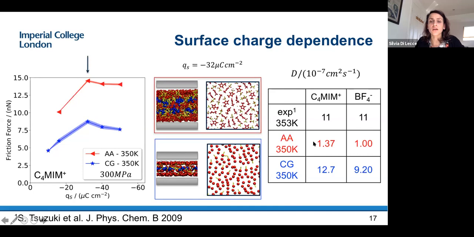In particular, if you check the diffusion coefficient for this atomistic force field, it is actually one order of magnitude lower than the experimental value and than the coarse-grained one. From the atomistic model, however, we can get more information about the structure itself of the confined film, but the physics, we can get it also with a very primitive model.